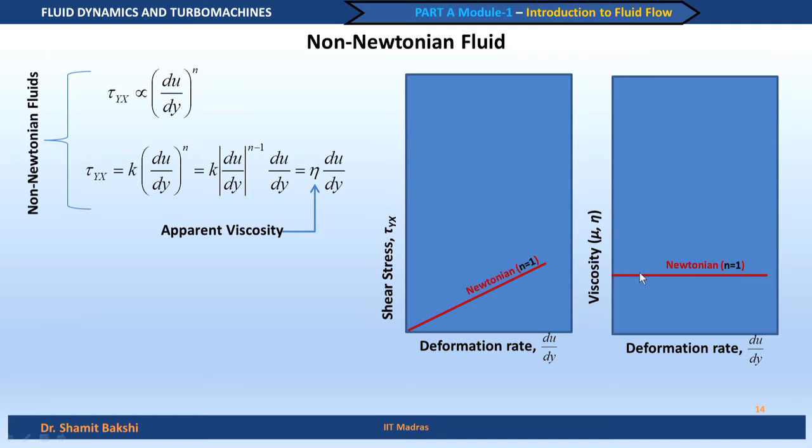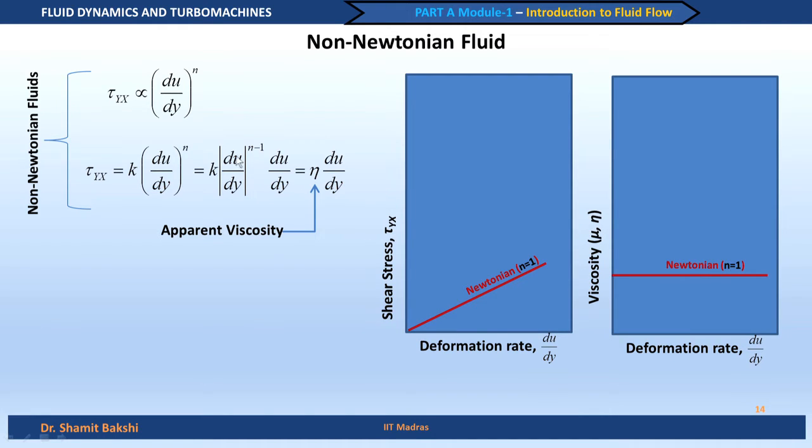Of course, the viscosity remains constant with the deformation rate du by dy; there is no dependence of viscosity on this parameter. It can depend on temperature like we saw in the last lecture, but it is independent of the deformation rate. So, we have plotted viscosity here, the dynamic viscosity mu, which is true for the Newtonian fluid, or the apparent viscosity eta, which is true for the non-Newtonian fluids.